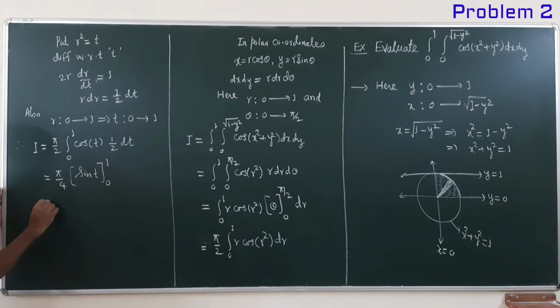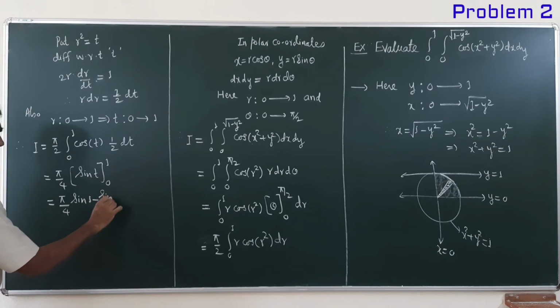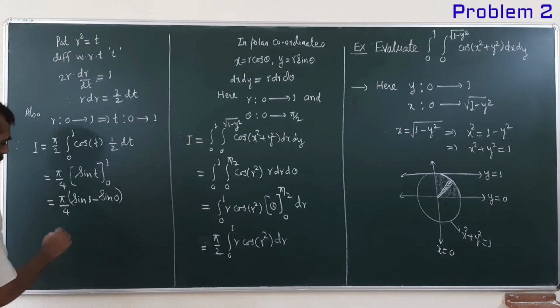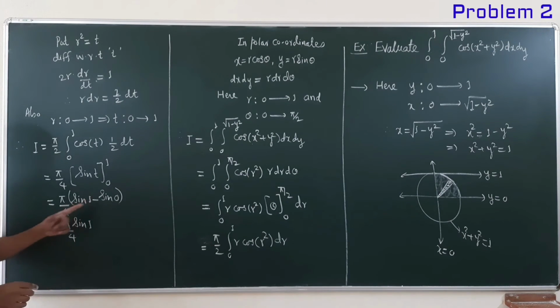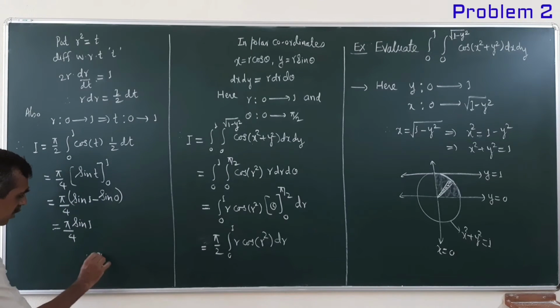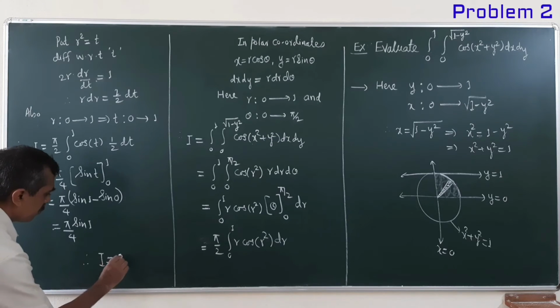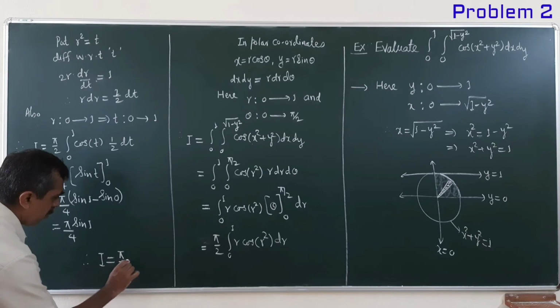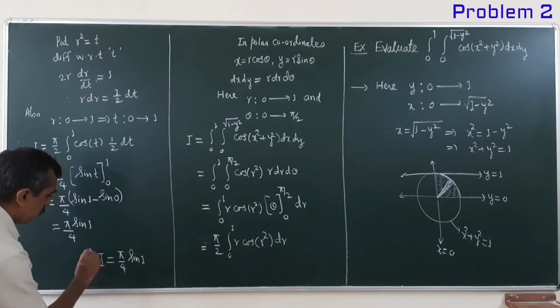This gives pi by 4 into sin of 1 minus sin of 0, and sin of 0 is 0. So the final answer is I equals pi by 4 into sin of 1.